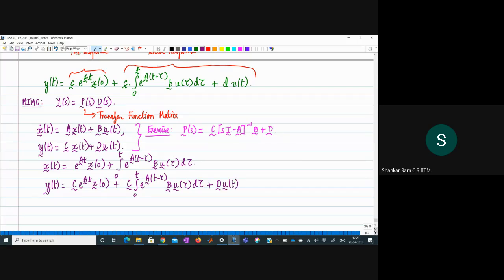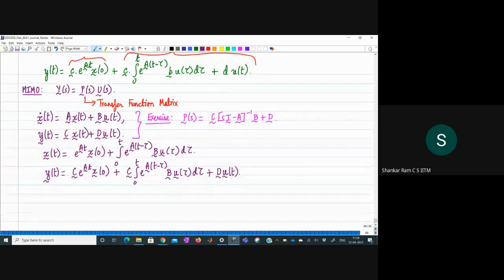So this will be the solution to the state equation and the output equation as far as the MIMO system. We will be using these as we go along.